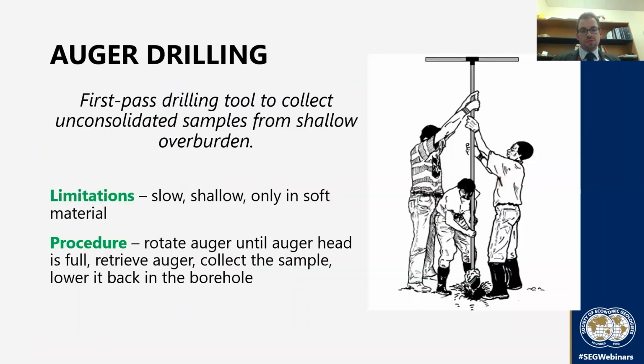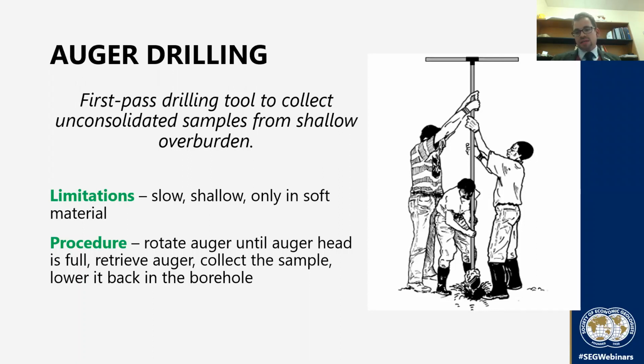Move on to the first one, which is auger drilling. As you can see on the right-hand side, auger drilling principally is a first-pass drilling tool that's designed to collect unconsolidated samples from shallow overburden. What these gentlemen on the right-hand side are actually doing is soil sampling, and usually with such a drilling technique, you can obtain samples that are a couple of meters deep, well, as long as that rod is in fact.